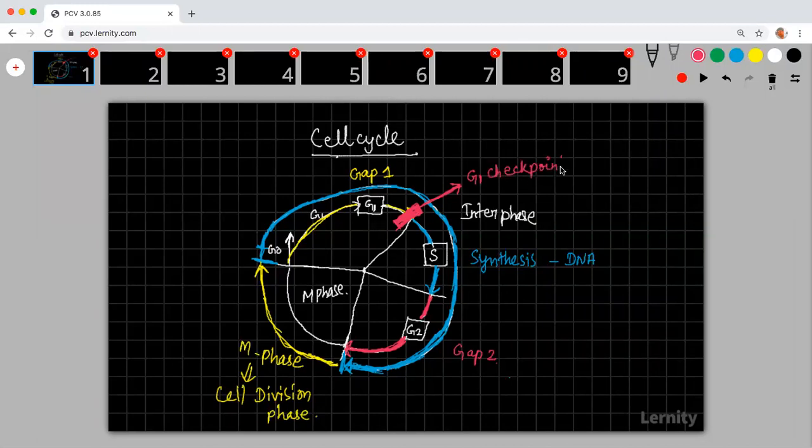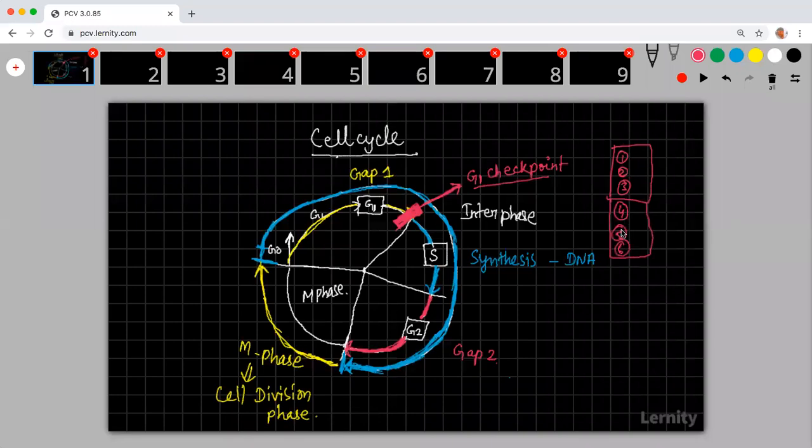This G1 checkpoint has to be cleared to proceed further to the S phase. So your cell will not start the synthesis of DNA till this checkpoint is completely satisfied. It is like a checklist. I need item 1, item 2, item 3, item 4, item 5, item 6.